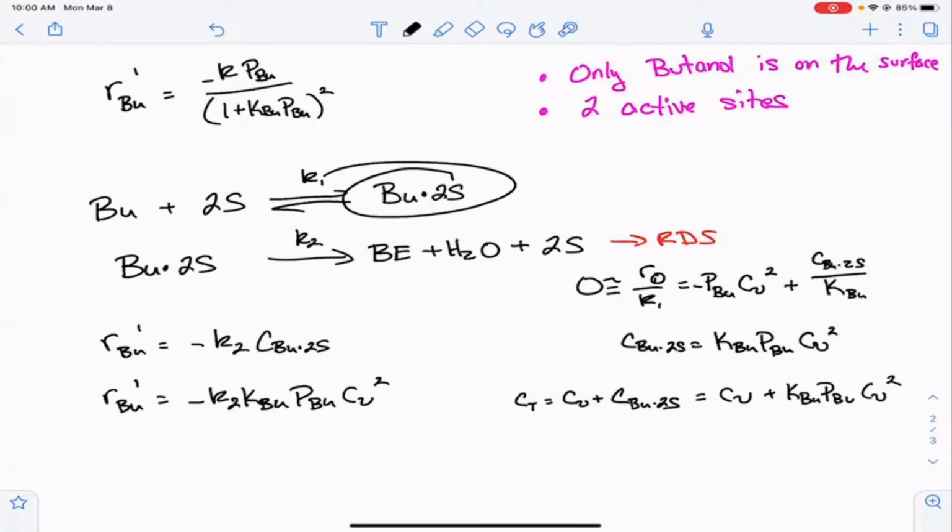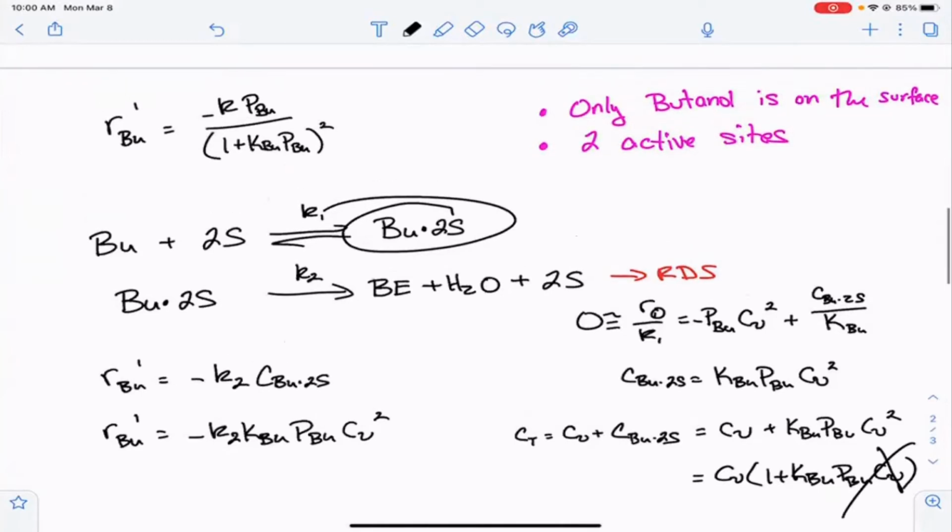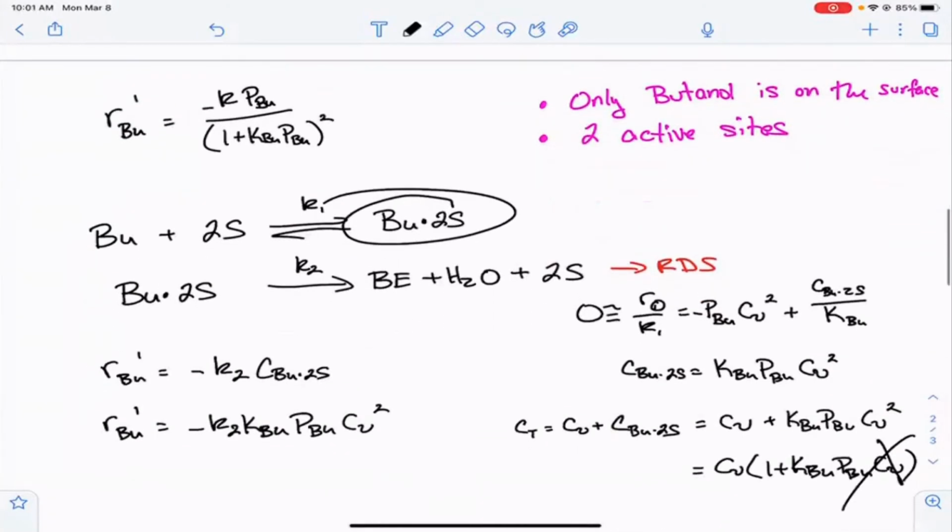So this can't be correct. And we know that from here because putting what you said in as an equation, that would become CV plus KBU PBU times CV. And nope, that can't happen. So from there, we know that the mechanism that we've proposed is not correct. So this one's wrong.